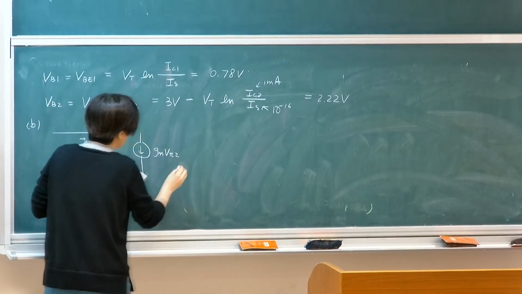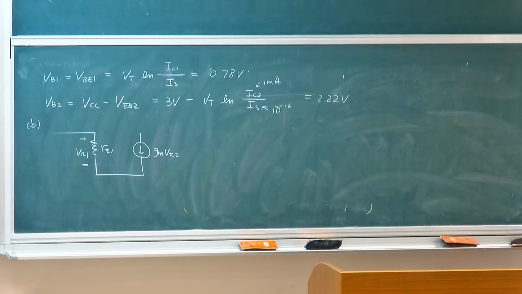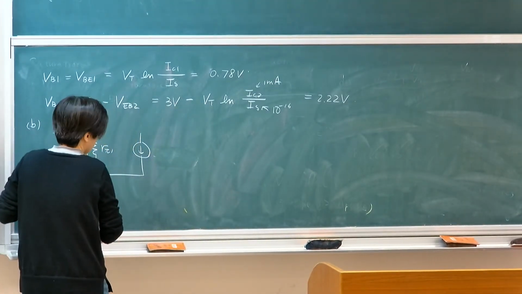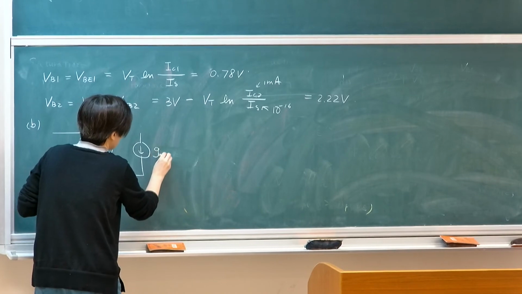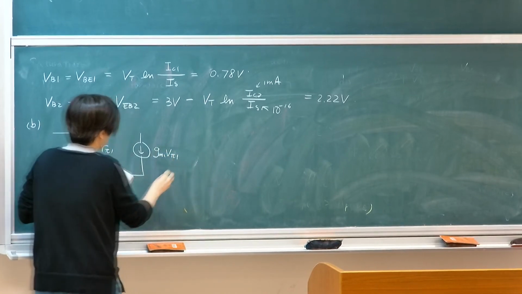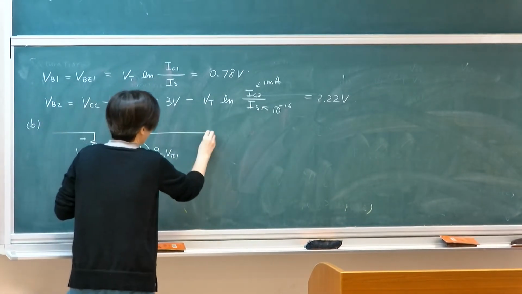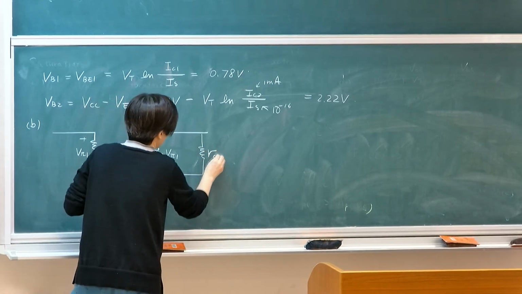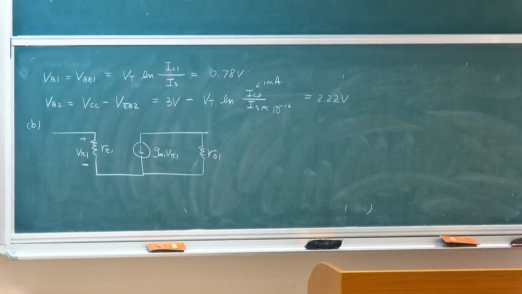Because I have 2, it's probably safe to keep that notation. Sorry, this is GM1 V pi 1. And then it's connected to an output resistance RO1. So the white part is for Q1.